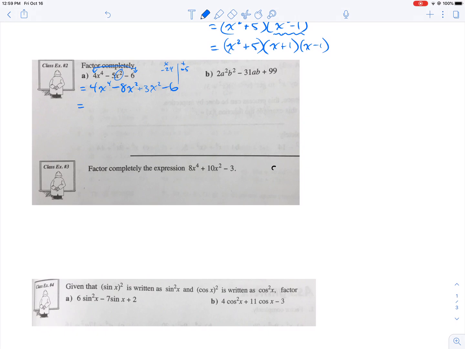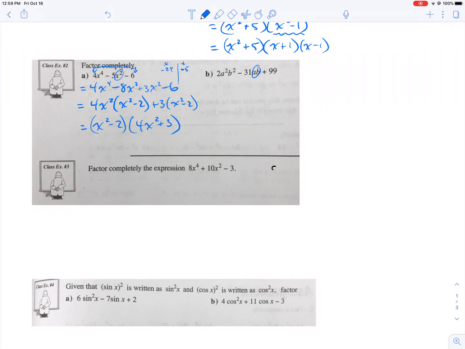And then I'm going to use factoring by grouping. So I have x squared minus 2 and plus 3 times x squared minus 2, and it works. X squared minus 2 is common. 4x squared plus 3 is my result.